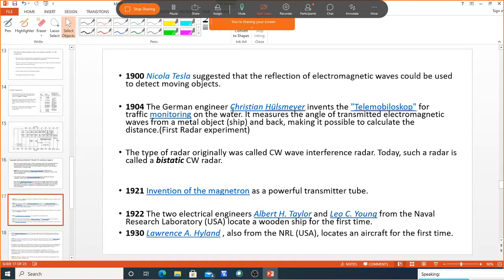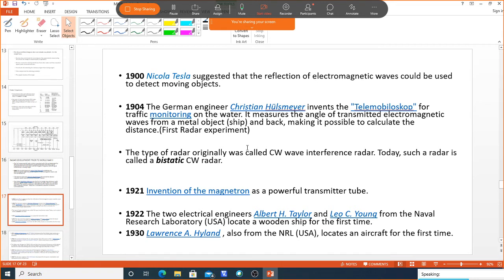Later, in 1904, Hulsmeyer and other scientists detected targets in the water, such as monitoring traffic inside the water, and he measured metal objects, stones or other obstacles inside the water. So this is the first radar experiment, established under the water.